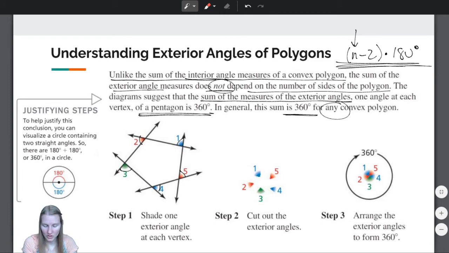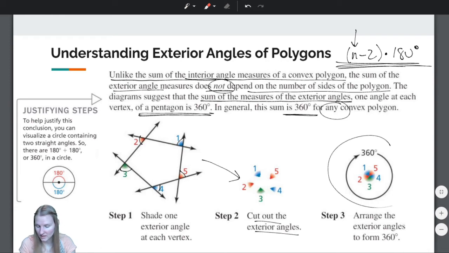But so if you take each of these colored angles, the 1, 2, 3, 4, 5, and you cut them out and you put them together, notice that they form a circle. How many degrees are there in a circle? 360 degrees in a circle.